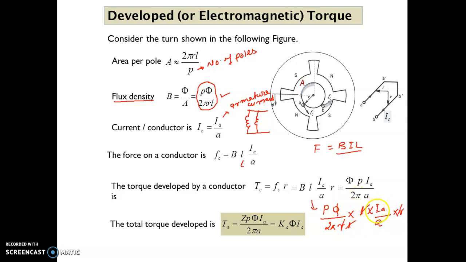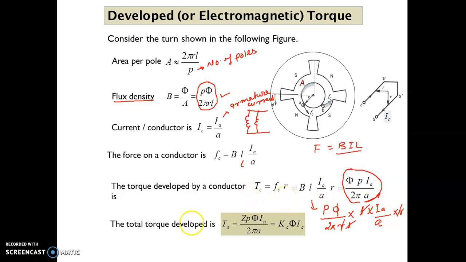Finally what is left is Ia, P and phi in the numerator, and 2 pi multiplied by A in the denominator. That is written here.